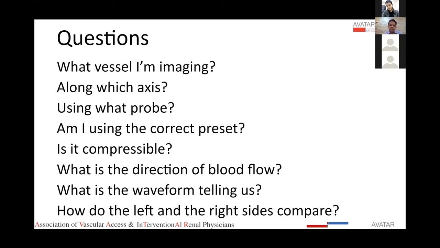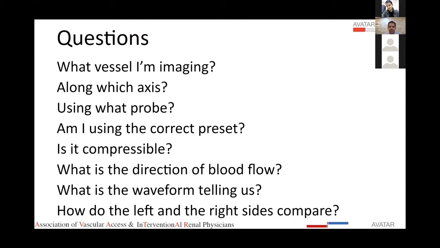We'll always start with the 2D mode, or the brightness mode, and we'll see if the veins are compressible. Compressibility is very easily made out in the internal jugular veins, while in the subclavian and the deeper veins like brachiocephalic veins, it may be a little more difficult. Color Doppler will answer the question, what is the direction of the blood flow?